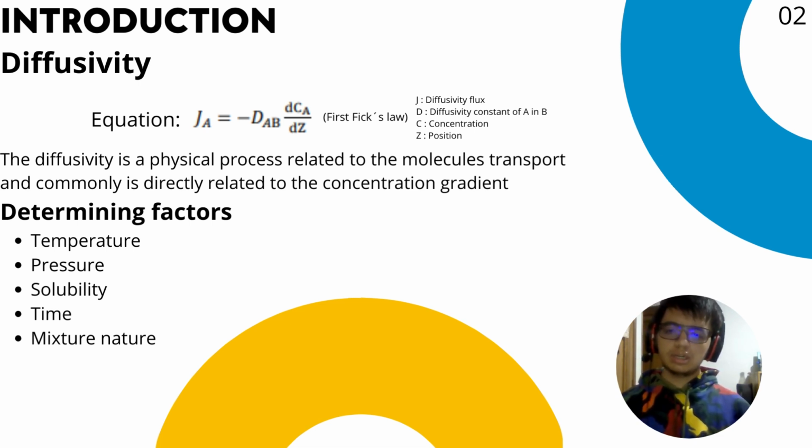And as we saw in class, the mixture nature is a determining factor, because the diffusivity can be different if the mixture is, for example, liquid-liquid or solid-solid, or if it's a biological system.